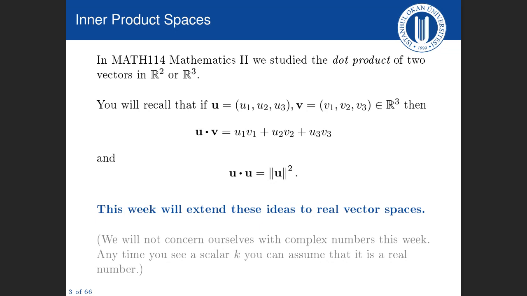If you have to do something like this in a more advanced course, then you may have to do complex vector spaces. And the idea is the same, but with a little bit of extra complication here or there, which I'll point out. So this week, anytime you see a number or a scalar k, you can assume that it's a real number. This week, we don't need to worry about complex numbers.